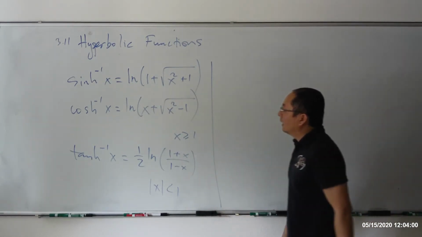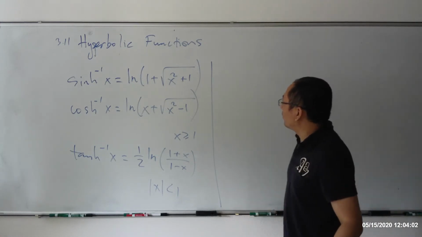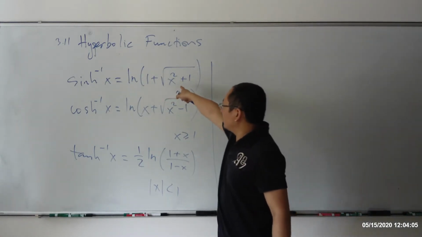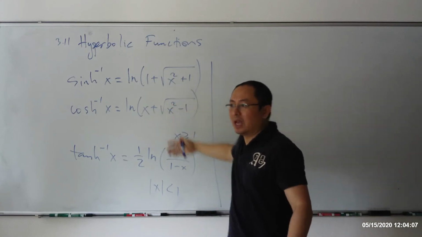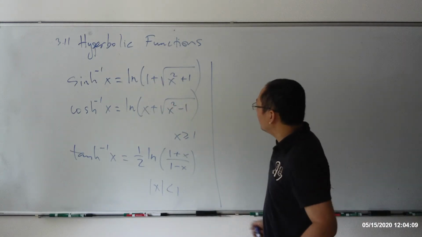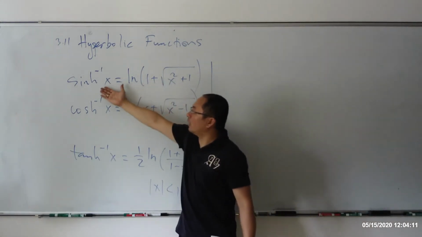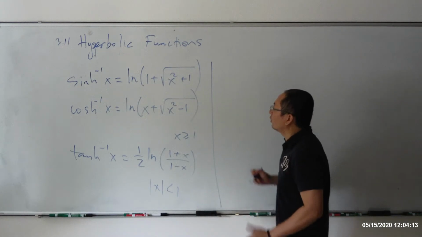Now, how do we prove that the sine inverse is equal to this? It's the same thing that happens for cosine and tangent. When we want to prove something with inverse, we try to bring it back to our normal function.